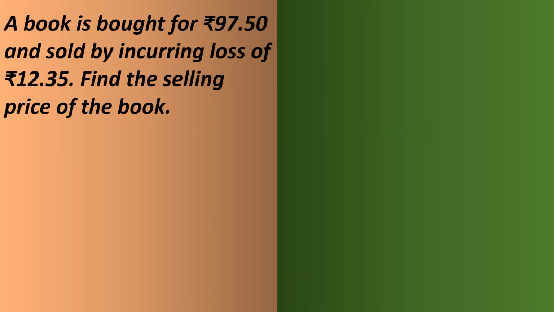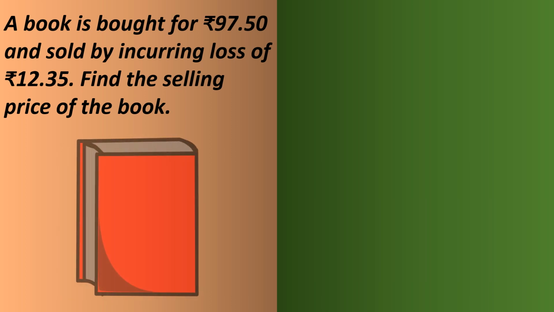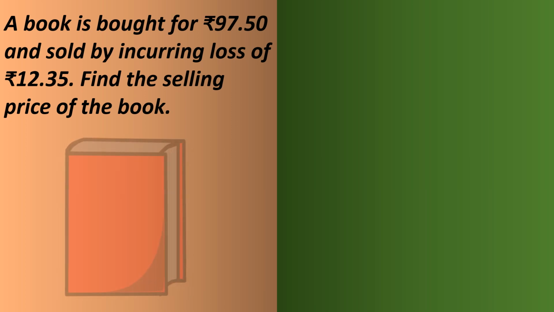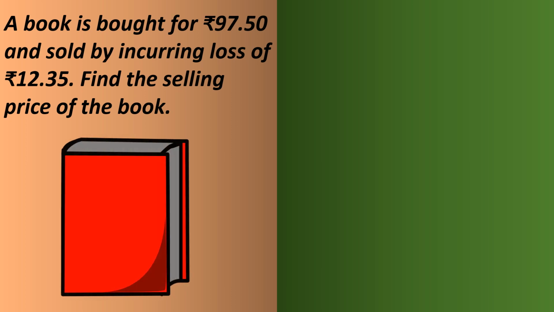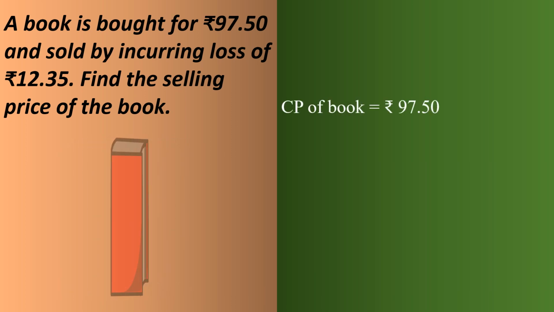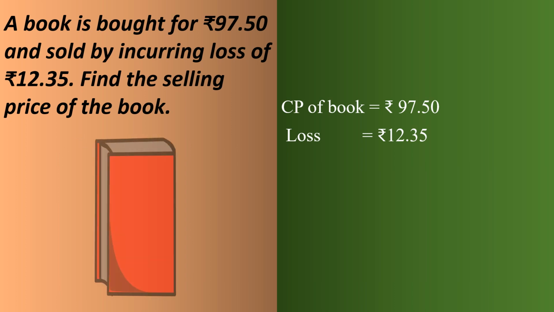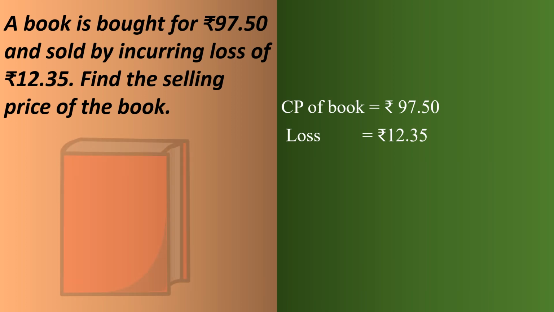Next question is, a book is bought for rupees 97.50 and sold by incurring a loss of rupees 12.35. Find the selling price of the book. So here what is given to you? First thing is cost price of the book, that is rupees 97.50, and second is loss, that is rupees 12.35. You need to find out the selling price.